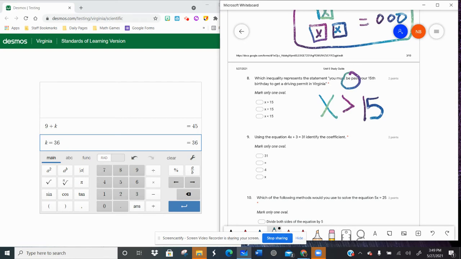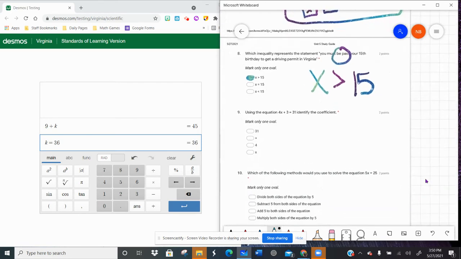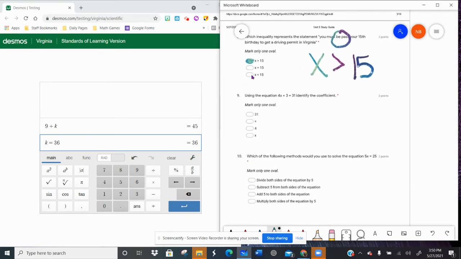So in order to get your driver's license, you have to be greater than 15 years old. So it would be this first one, X, the age is greater than 15 because it's past the birthday. So you have to be older than 15 to drive. X is less than 15 means like a baby could drive. That's not true. Babies can't drive. So X is greater than 15.